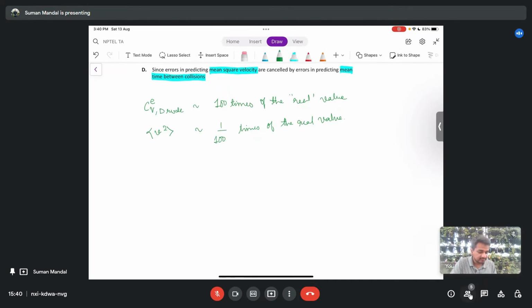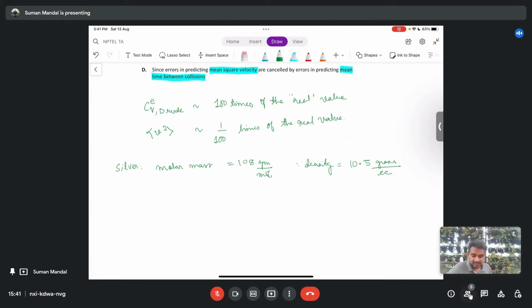Now, let's say we take the example of silver. The molar mass is 108 grams per mole, and the density of this metal is around 10.5 grams per centimeter cube.